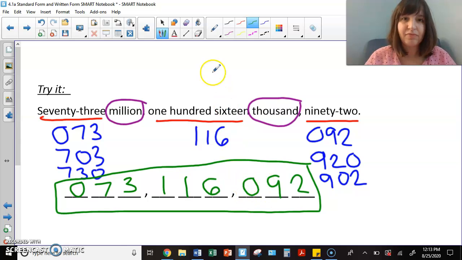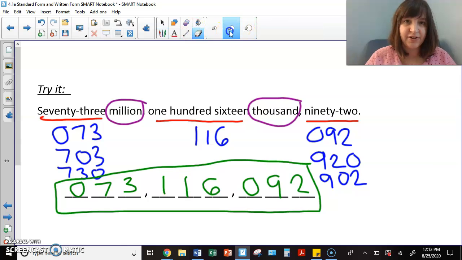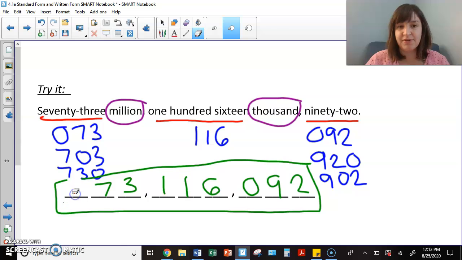I have to keep this 0. However, this 0 that's in the front does not hold a value. Any zeros on the left of a whole number that don't have anything before them can be erased. So I'm going to erase that. So that's how this number looks in word form and in standard form.